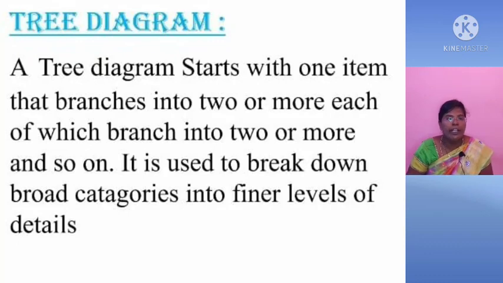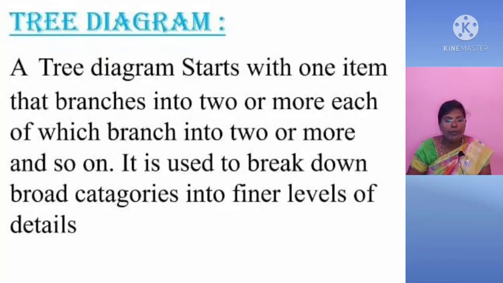What is meant by tree diagram? A tree diagram starts with one item that branches into two or more, each of which branches into two or more, and so on. If we observe a tree, there are so many branches. Here also in this tree diagram there are so many branches. Those branches are divided into subparts, and those branches again are divided into subparts.